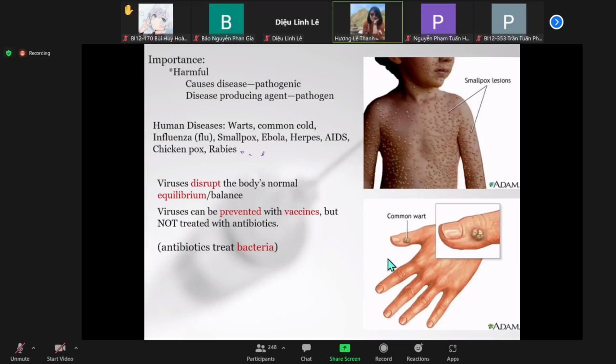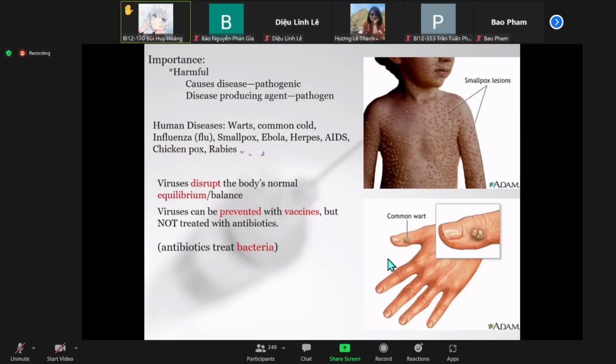Yes, Bùi Hoàng Huy, please. I think the virus in the computer also harms the computer, and the virus in humans can also be harmful to humans. Do you think the virus in your computer has any benefit?